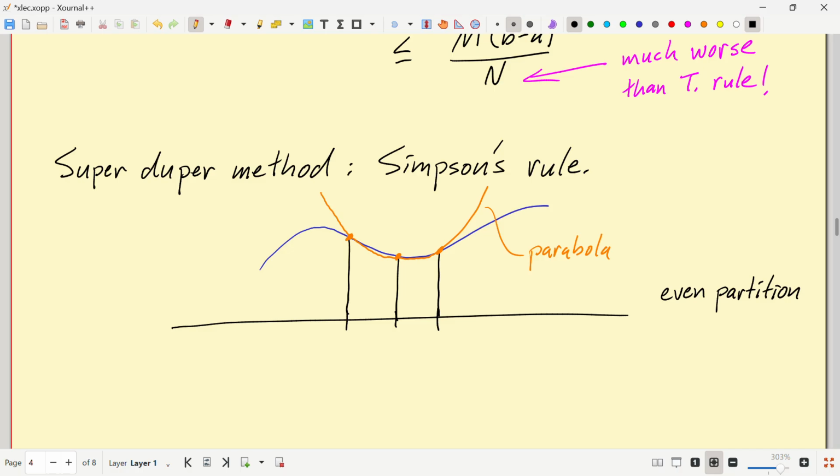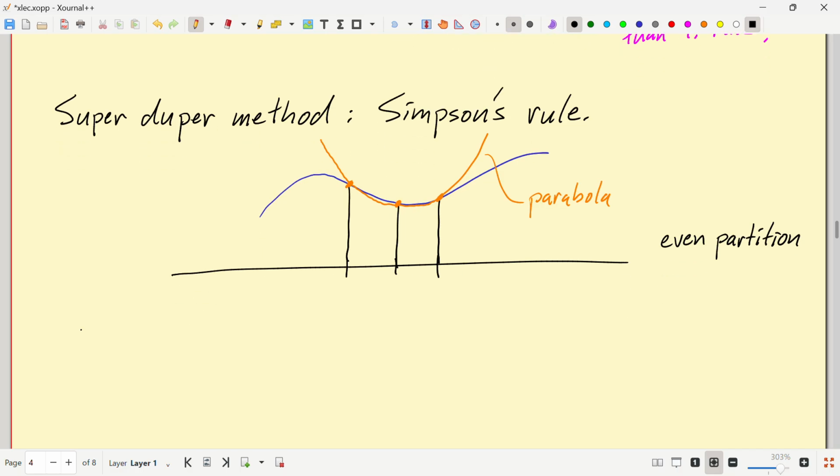What's the magic thing? The Simpson's rule error is, let's see, what is it? It's B minus A over 180.